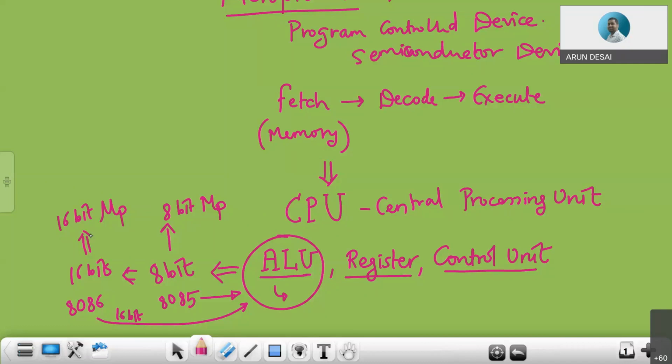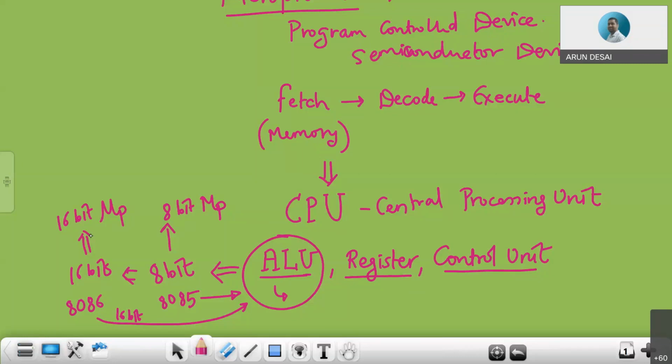The ALU is basically used for data processing, and it is called the arithmetic logic unit. Registers are basically used to store the data near the processor, and the control unit is used to control all those functional blocks, right? So data processing capacity depends on the arithmetic and logic unit. Whatever the size of the ALU is, that is treated as the size of the microprocessor.